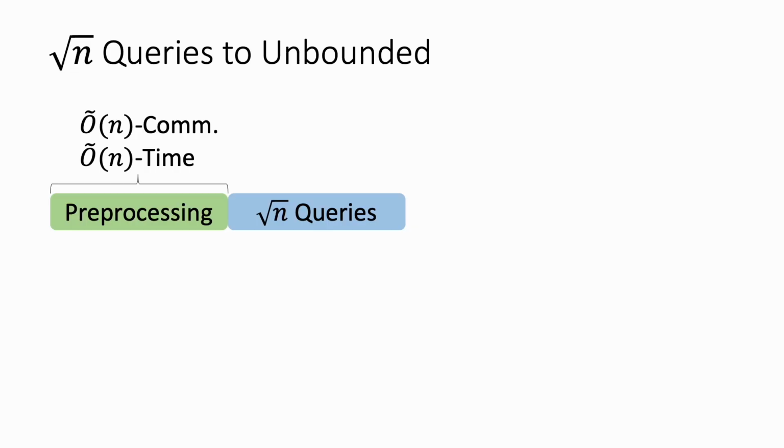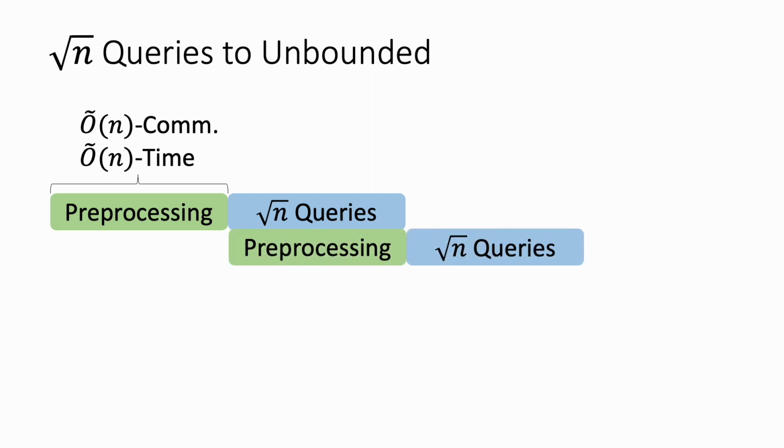And the idea about how we support unbounded queries is also pretty simple. First, let's assume that we have a scheme with a long waiting preprocessing phase. It takes linear in n communication and linear time, and then it supports square root n queries during the online phase. To support the next square root n queries, our idea is to stack these instances together.